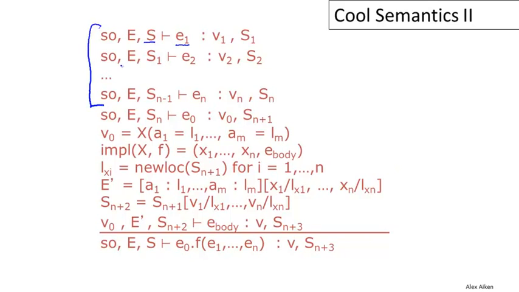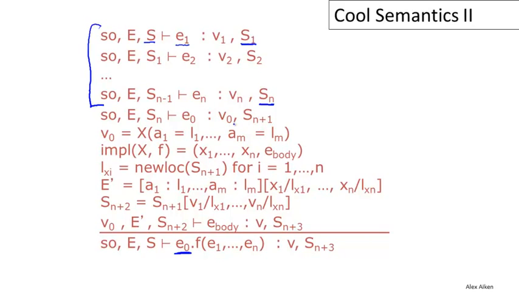So it starts in some store, but it may produce a different store. So after we've done all of this, we have the n arguments evaluated and some store s sub n. The next thing that happens is we evaluate E0. This is the expression to which we are dispatching. And that will give us an object V0 and some updated store s sub n plus 1.